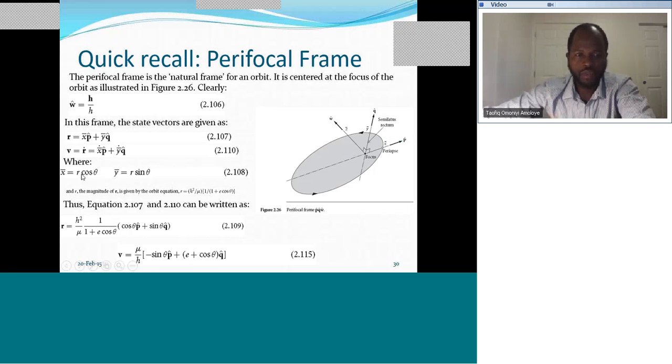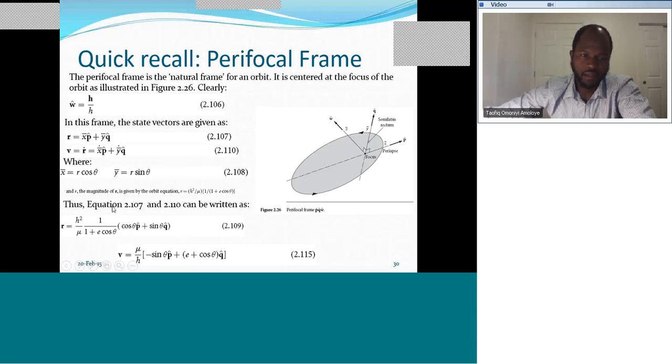We note that x bar is r cos theta. If theta is the true anomaly, at any point in time you can find the x component of r, that is r cos theta, and the y component is r sin theta. The magnitude of the position vector is given by the orbit equation, that is Kepler's first law expressed in mathematics.